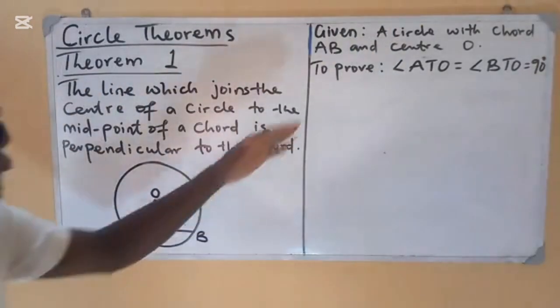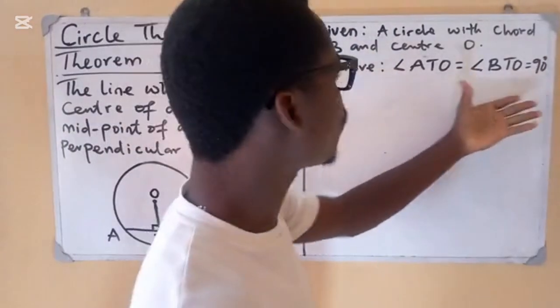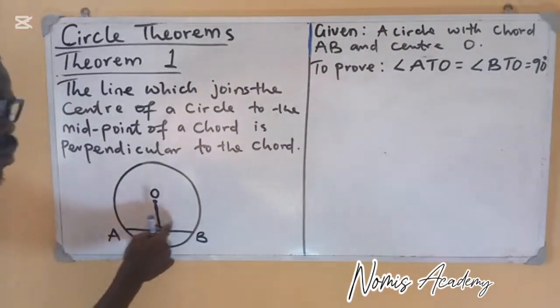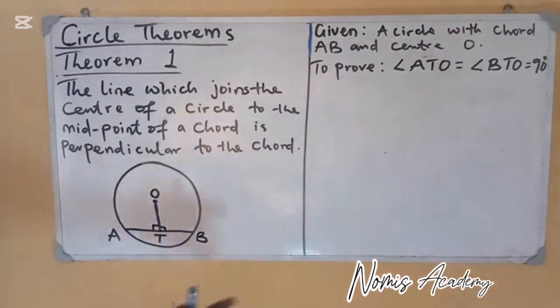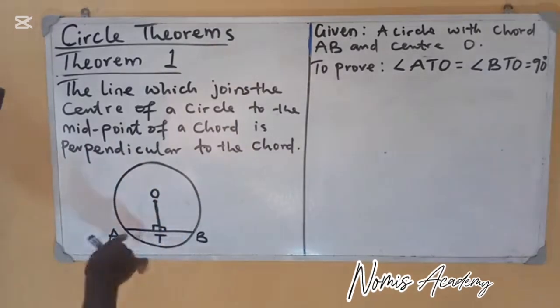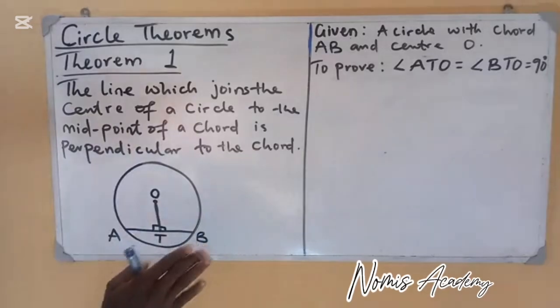So this is what we are about to prove. We are to prove that the angle formed at that point is 90 degrees, to state that the line that joins the center of the cycle to the midpoint of the chord is perpendicular.